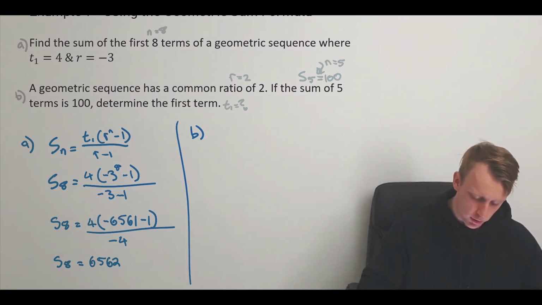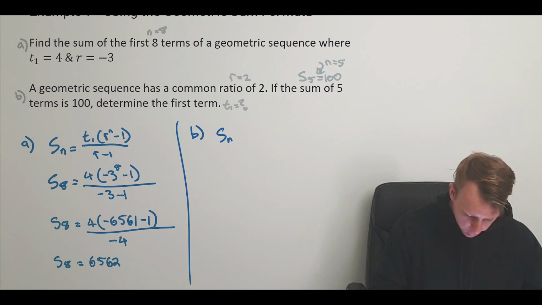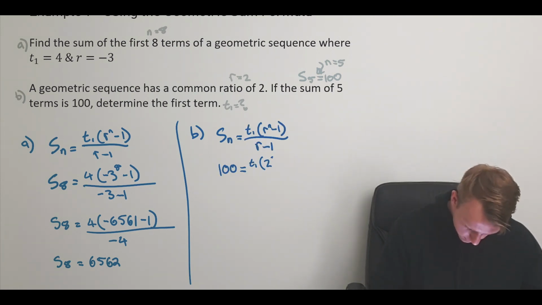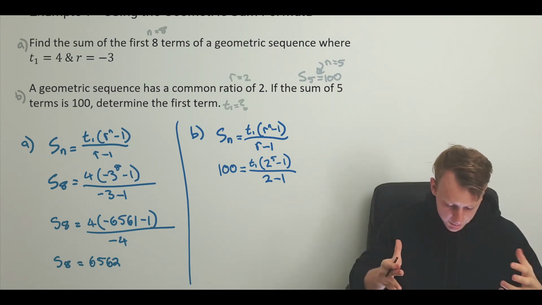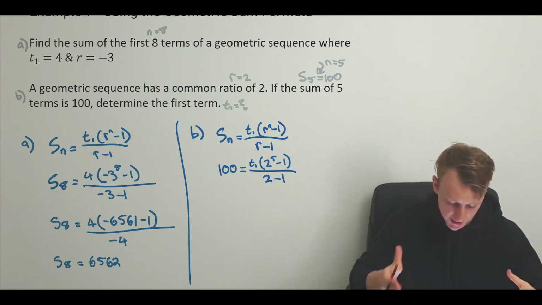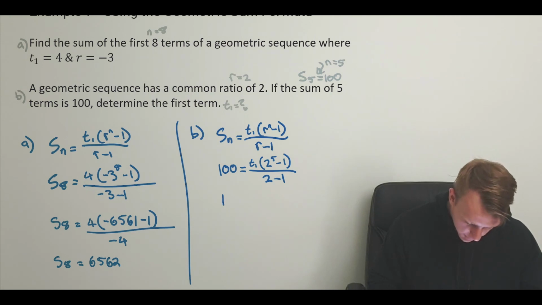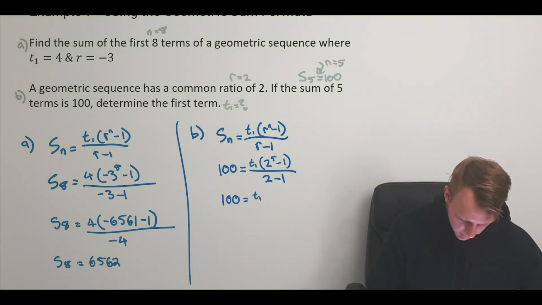That's super important, because when I plug in my formula, I need to know that it is 2 to the power of 5, because n is 5. We can simplify this out. That would just be 32 minus 1 is 31 over 1. So 100 is equal to t of 1 times by 31. So t of 1 is equal to 100 divided by 31.